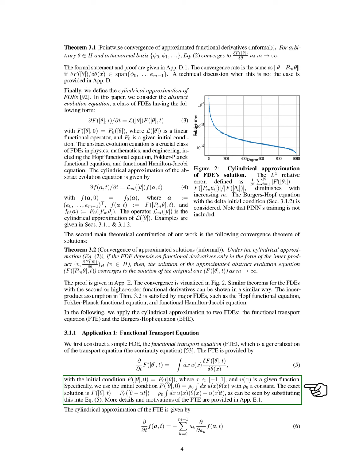Next, we consider the cylindrical approximation of the FTE, which has the initial condition f of a at time 0 equal to f_0 of a, where theta of x is expressed as a sum of coefficients a_k multiplied by the basis functions phi_k of x.